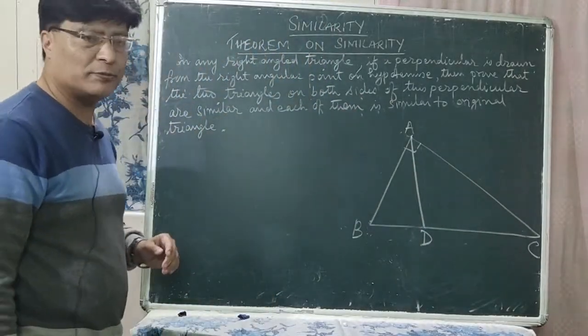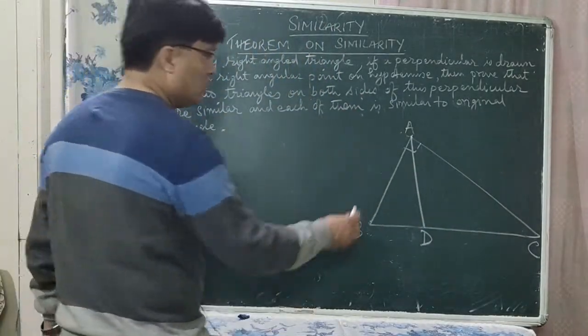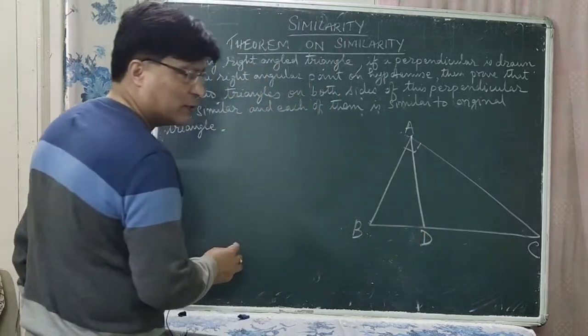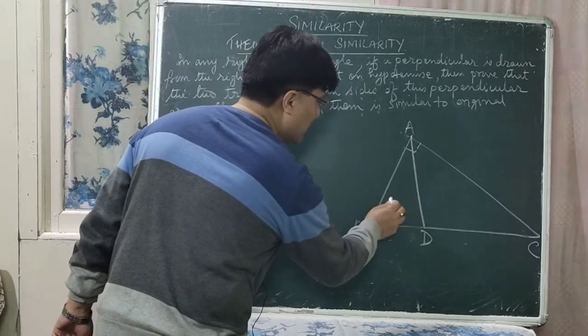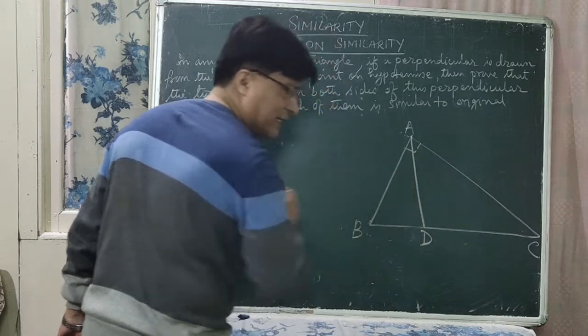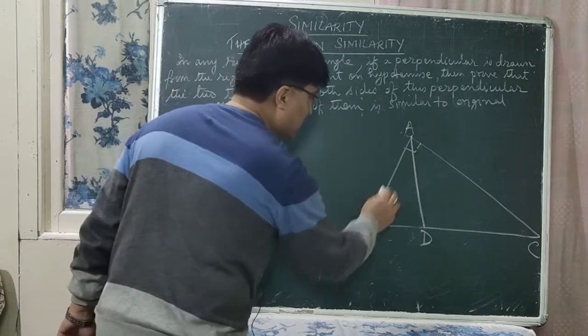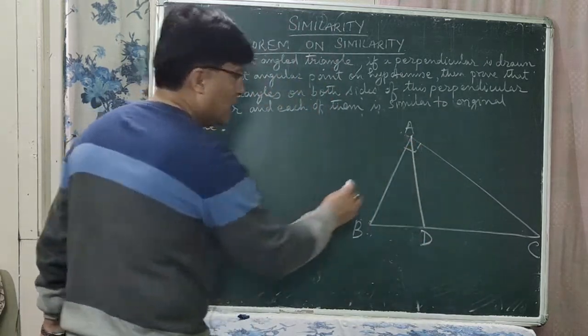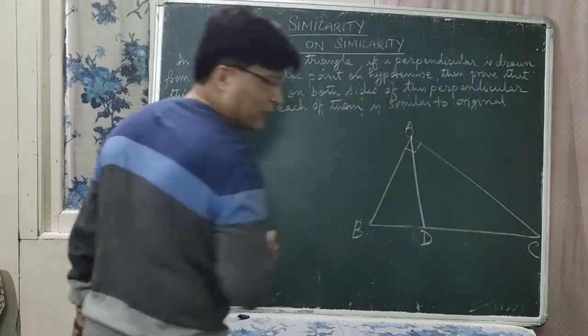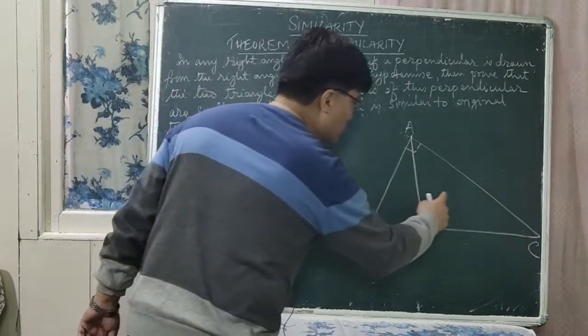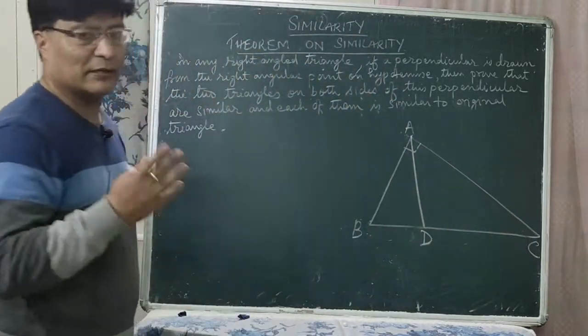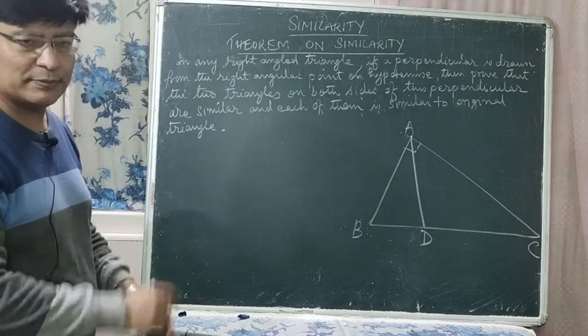Now what is to be proved? You have to prove that, so there are two triangles formed on each side of the perpendicular AD, isn't it? That is, ABD is one of the triangles and ADC is another triangle. You have to prove that these two triangles are similar. That means they are of same type.